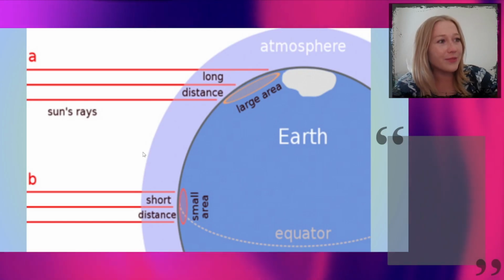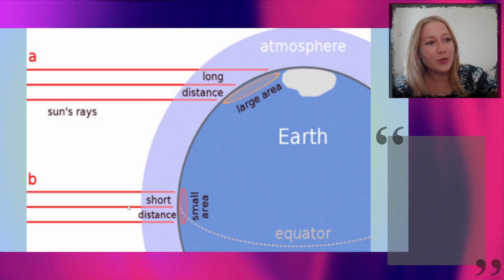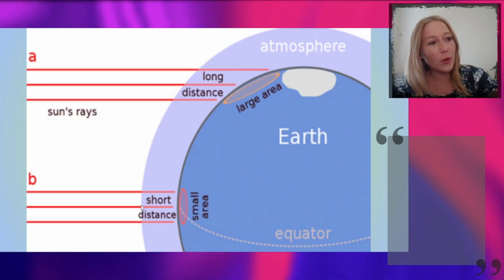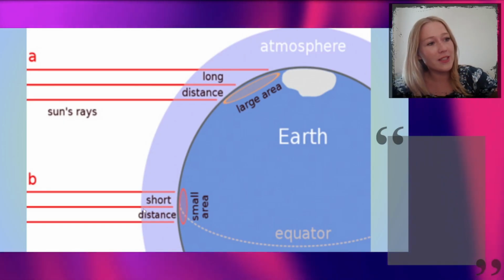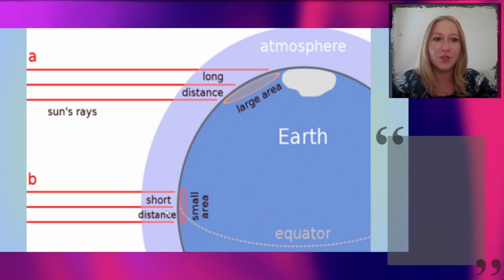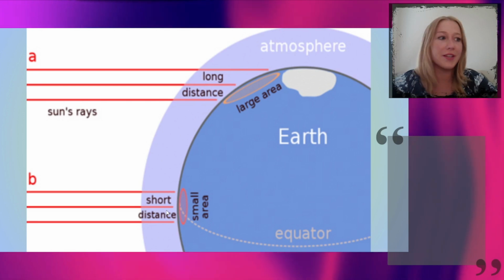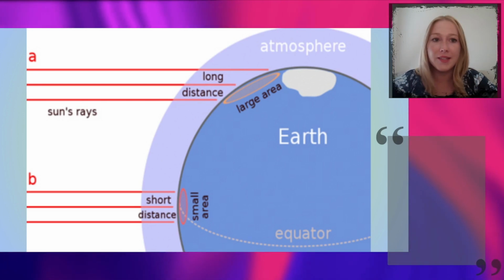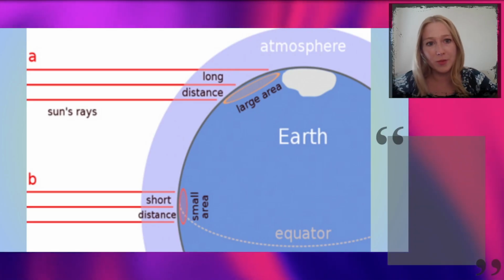The other reason, what it actually comes down to, is the amount of atmosphere that it needs to travel through. So here by the equator, you can see it's very direct. It doesn't travel as far. And when it doesn't have to travel as far, you don't have as much sunlight being absorbed or reflected or scattered and lost back to space.